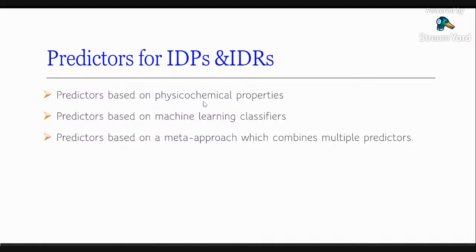Then the third class of predictors is a meta approach, which combines multiple predictors. It is a kind of combination approach where they use different predictors and combine them to find a final one.